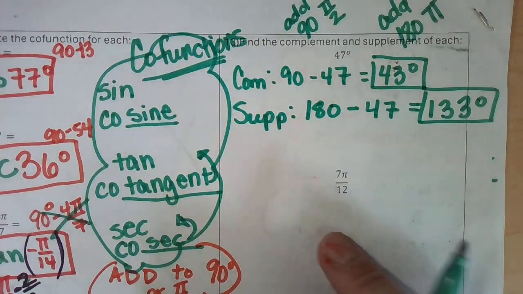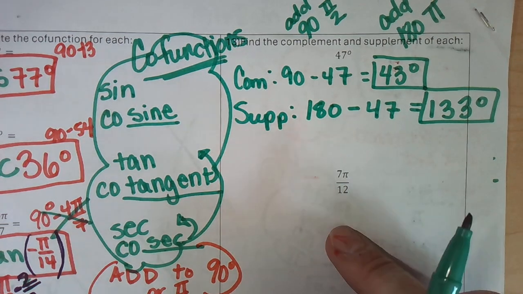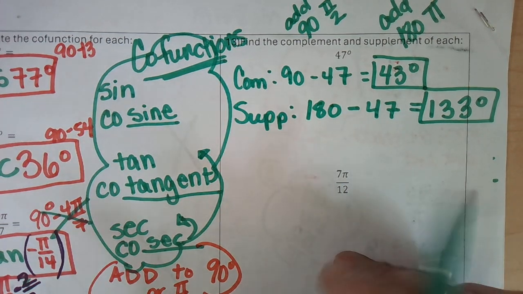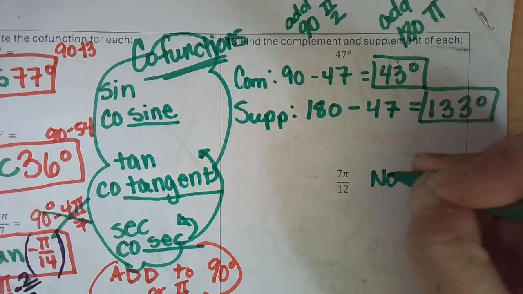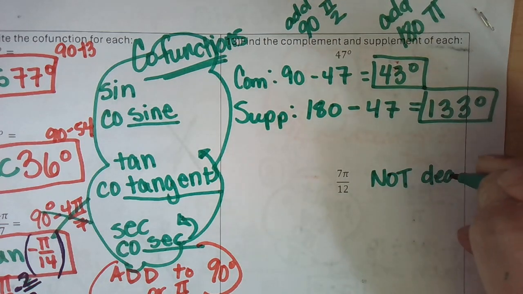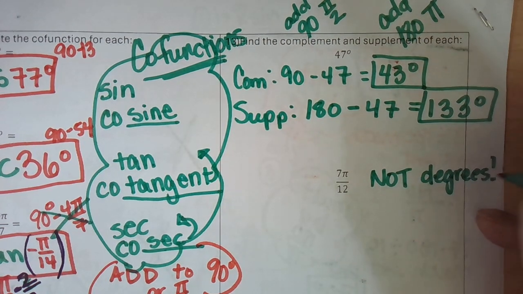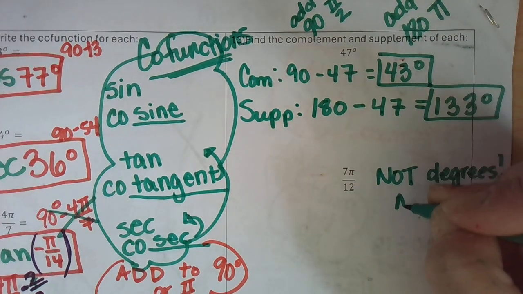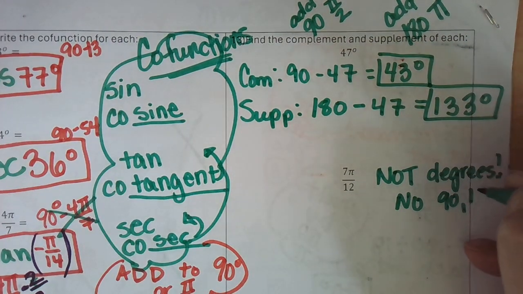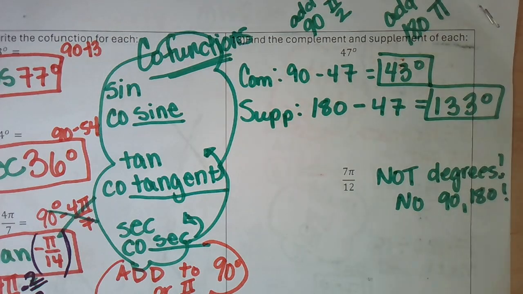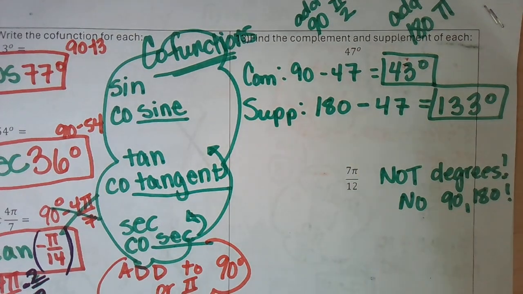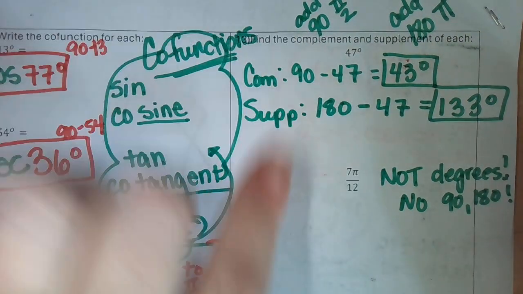Okay, now let's look at this next one, 7 pi over 12. That's not in degrees. So don't use 90 and 180 because we're not in the same unit of measurement.